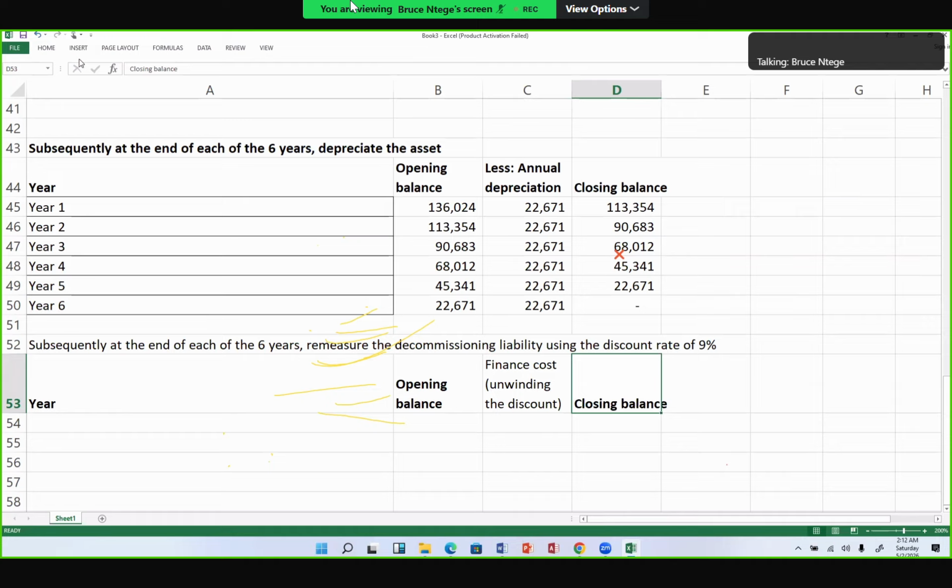Please, unwinding the discount here is going to create a finance cost, which I'll keep debiting to the P&L, I then call it finance costs. While the credit keeps increasing the decommissioning liability.